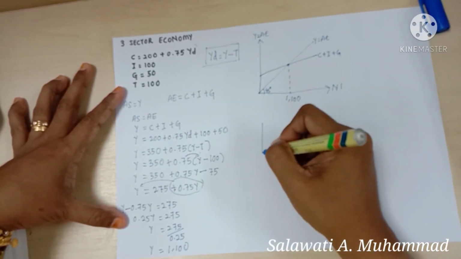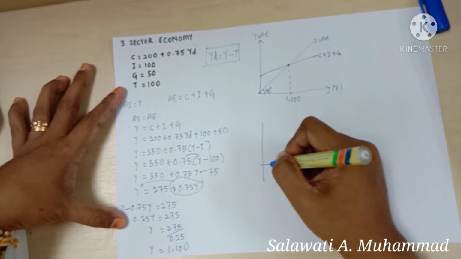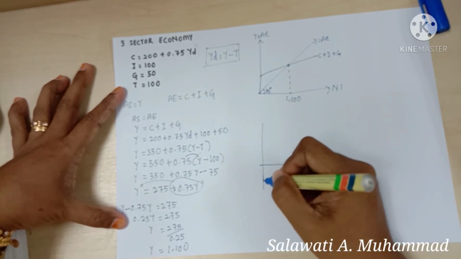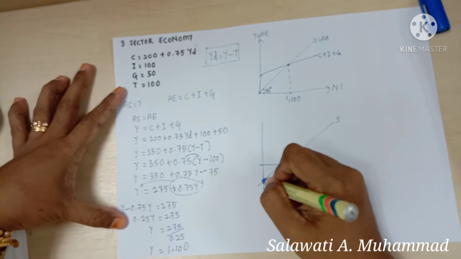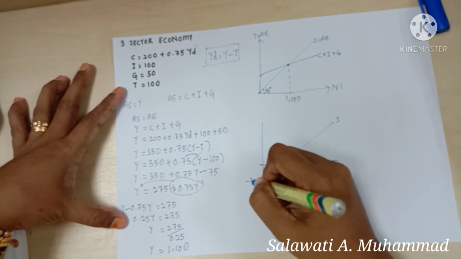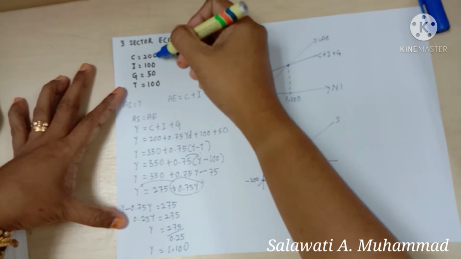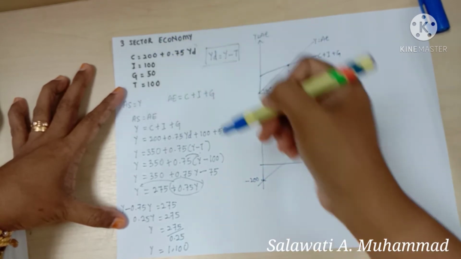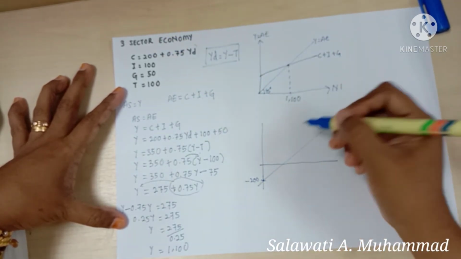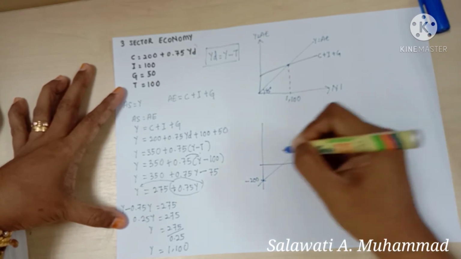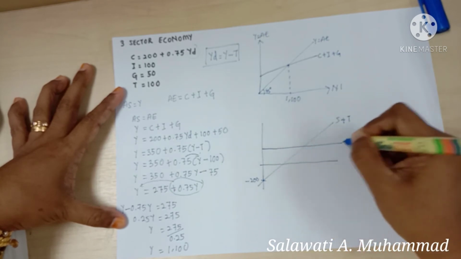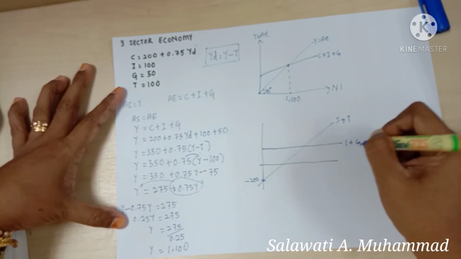Next, by using leakage and injection, remember we have saving. So our saving must start from negative 200. Okay, this is A, so negative A will be negative 200. S plus T must be I plus G here.